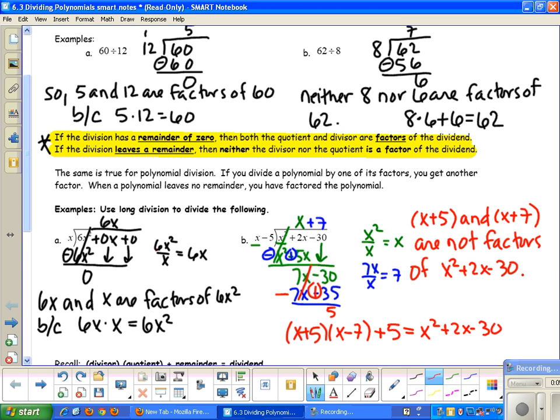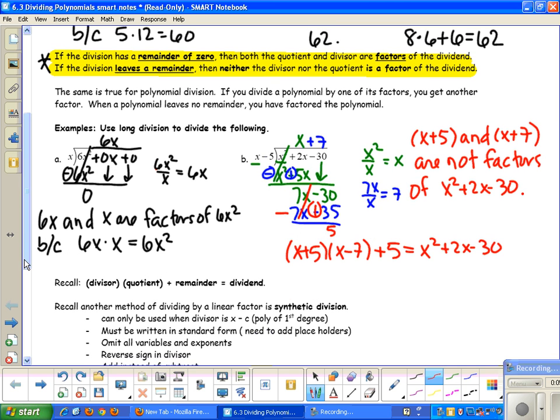Even just to show you real quickly, if I FOIL this out just to check my answer, x times x would be x squared. Then we have minus 7x plus 5x minus 35 plus 5. Combine like terms. Sorry, that should have been plus 7x, and that 5 was minus.